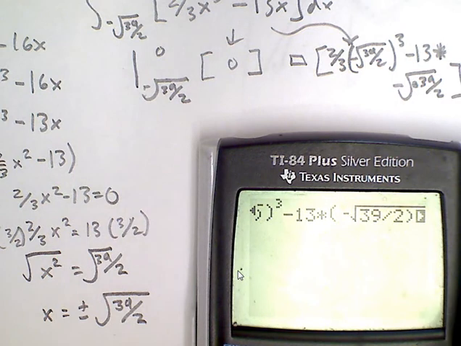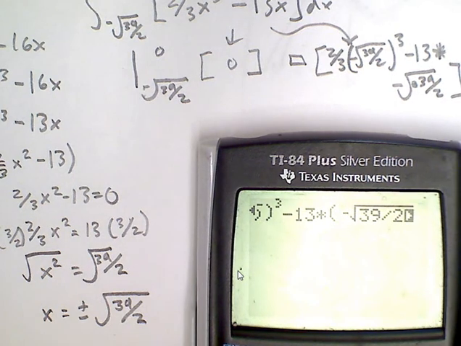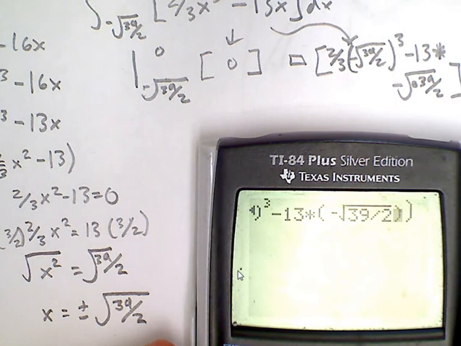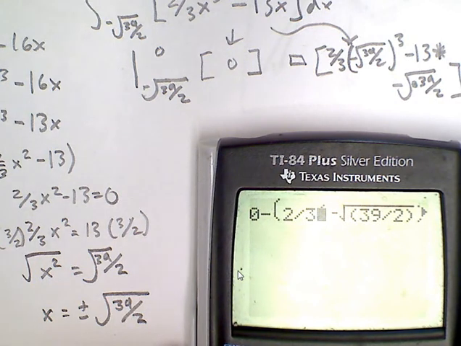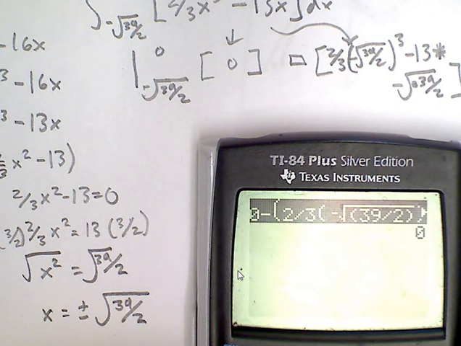I'll delete that. Alright, end parentheses, end parentheses. Let's see if my parentheses are good. I do believe all my parentheses are correct. So I hit enter, and I get 0. Well, that's not good. 2/3 negative square root of 39 over 2 minus 13.